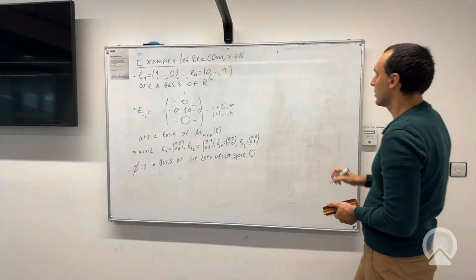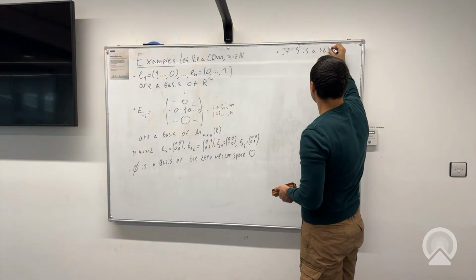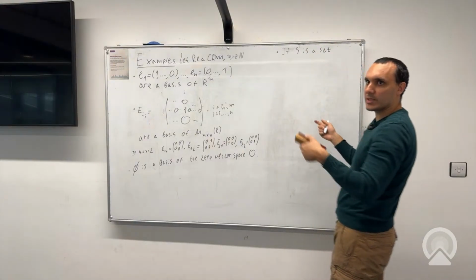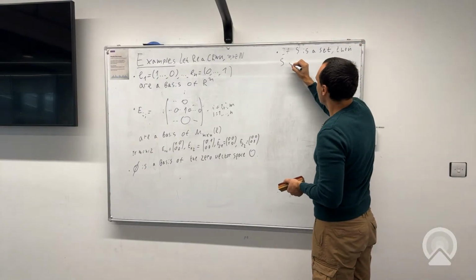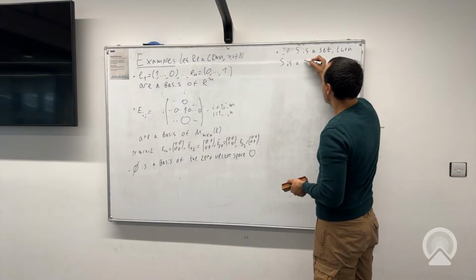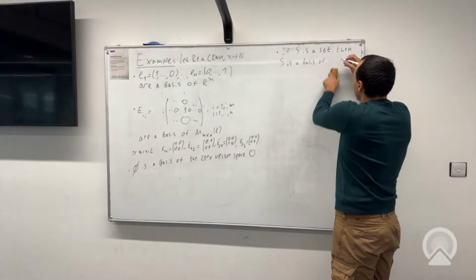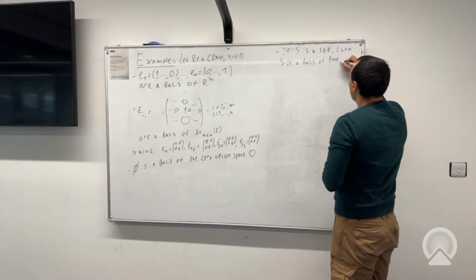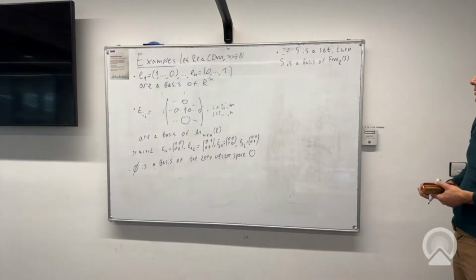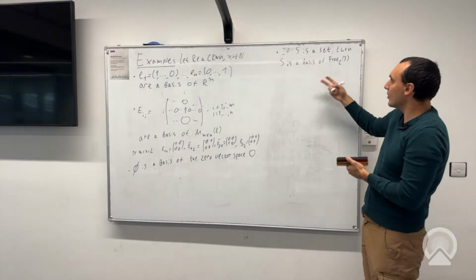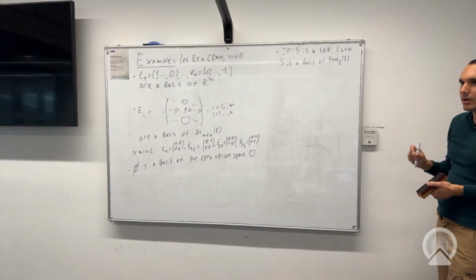And if S is a set, then S is a basis of the free vector space defined by it, the free R-module on S. So the space of formal linear combinations is defined exactly by linear combinations of this.